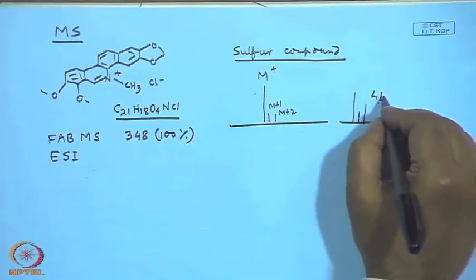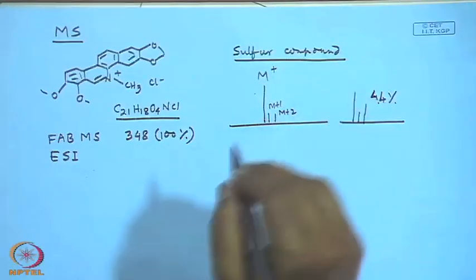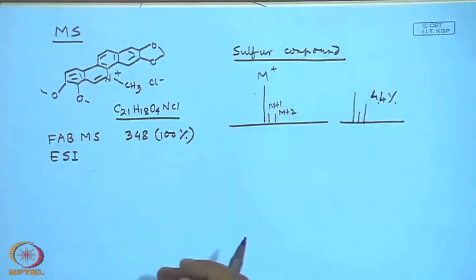Something like 0.4%, that means 99.6% is basically nitrogen 14, and 0.4% is this one. And in the case of sulfur, sulfur 34 is 4.4%. Okay. So, it is significantly high. So, from there you can actually make out whether sulfur is present or not.